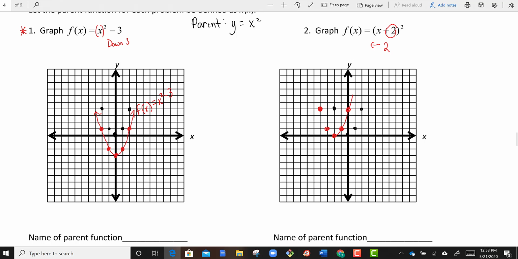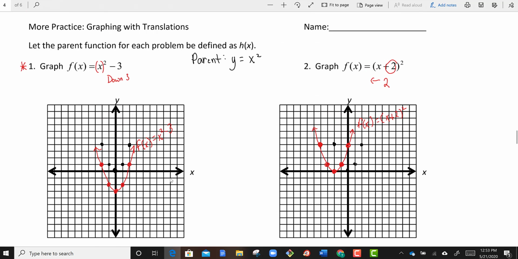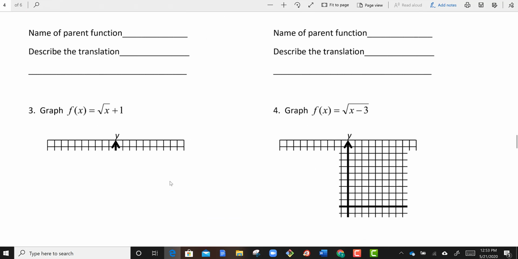That's okay. So our translated function is right there in red. The name of the parent function is just a quadratic, and we described the translation, but we did it up there at the top.